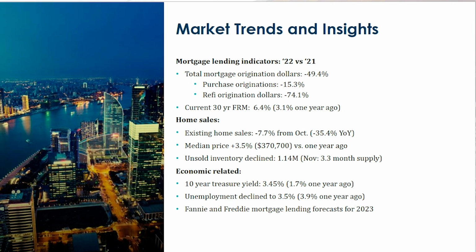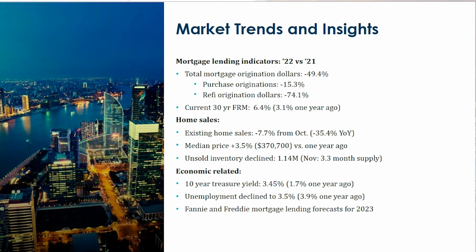Home prices are holding somewhat steady. We've seen a 3.5% increase from a year ago, but of course we're starting to see some softening in home prices in various markets. Inventories are tight at 1.14 million.